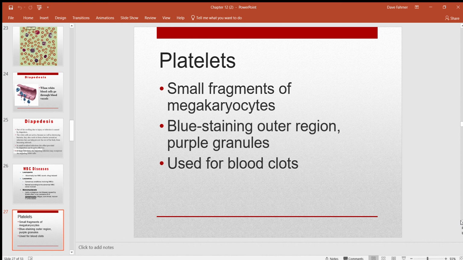The number of platelets per cubic millimeter is about 250,000. So if we were to rank numbers of blood cells in the blood, number 1 would be red blood cells, which would have anywhere from 4 to 5 million per cubic millimeter. Then it would be platelets that have 250,000 per cubic millimeter.